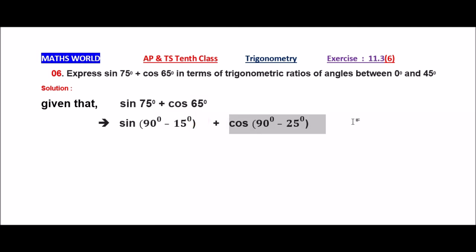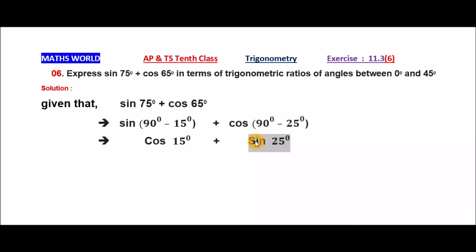Now we know that sin (90 minus theta) is equal to cos theta. So sin (90 minus 15) is cos 15. And also we know that cos (90 minus theta) is equal to sin theta. So cos (90 minus 25) is equal to sin 25.